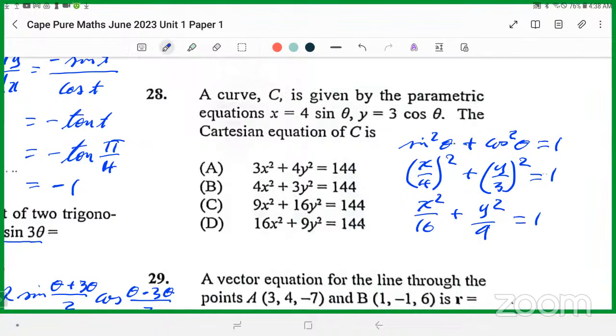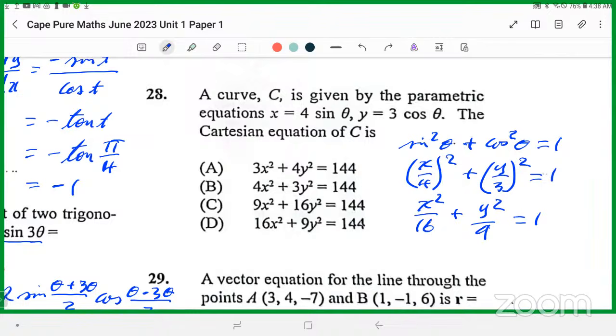So to get rid of these denominators, because I don't want any fraction, I'm going to multiply it through by the product of 16 and 9. All right. Multiply through by 16 times 9. Now 16 times 9, that's 144.